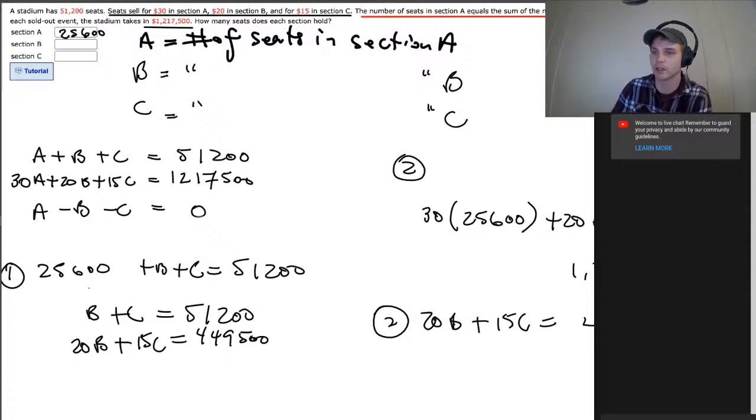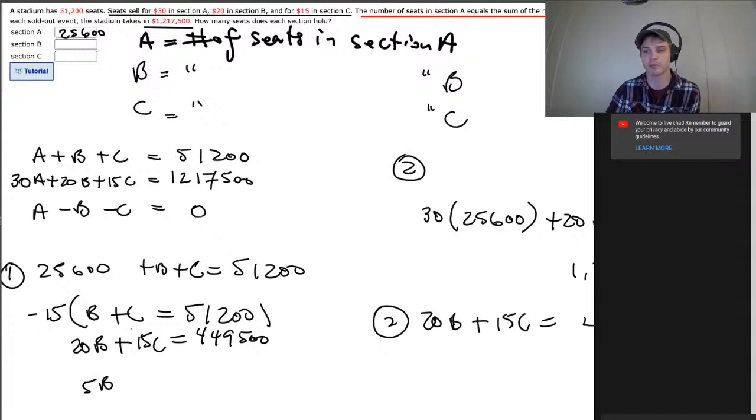And we can kind of eliminate this in the same way. I'll do negative 15 times the first row and add it to the second. So negative 15 times b is negative 15b, plus 20 is 5b. Then negative 15 times c plus 15c is 0. Negative 15 times 51200 plus 449,500.